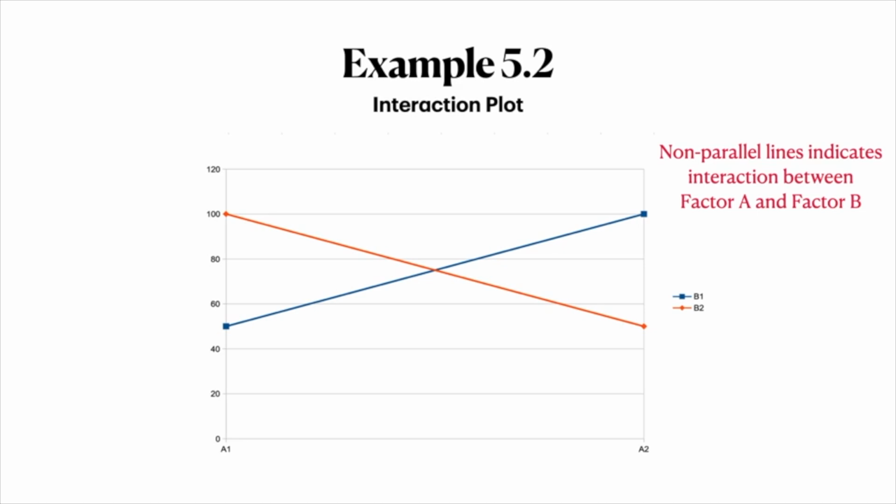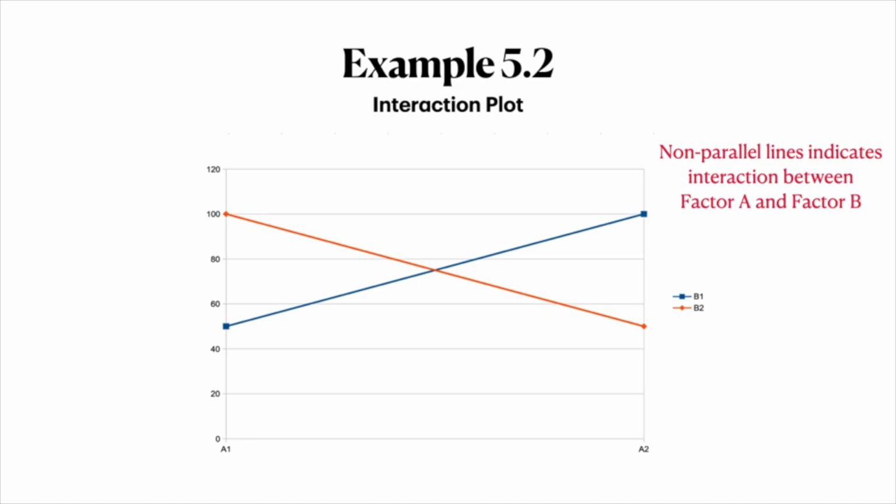Now let me also just say here that we're not dealing with data that's subject to error. These are idealized examples, where we're actually given the true values of the treatment combination means. And so there's no uncertainty with regard to the values in this interaction plot, and no uncertainty with regard to whether or not the lines are parallel.